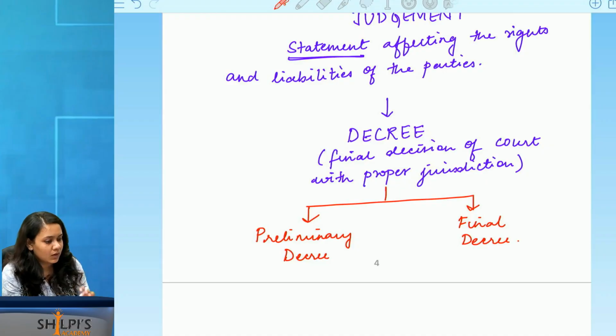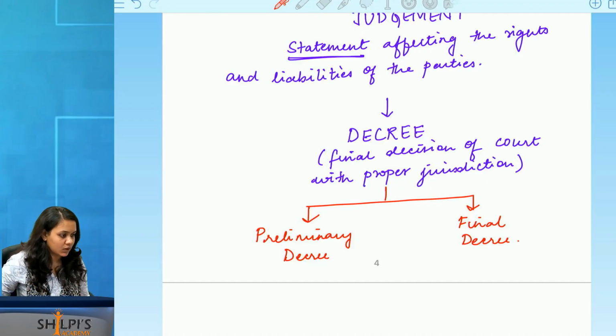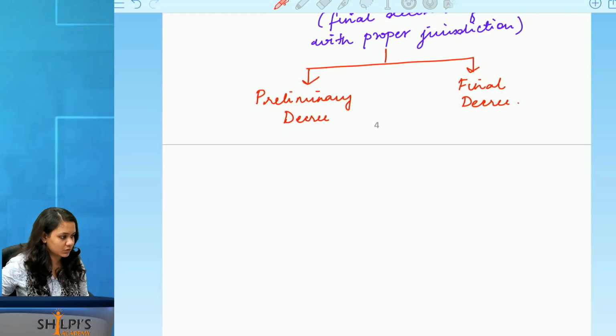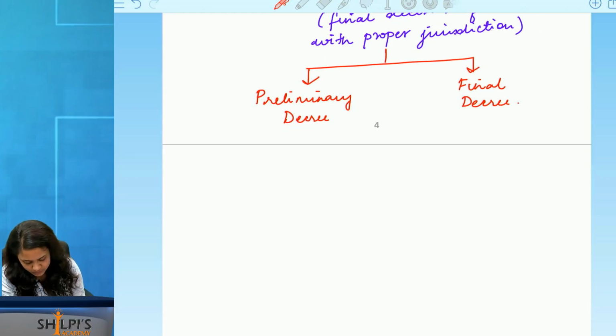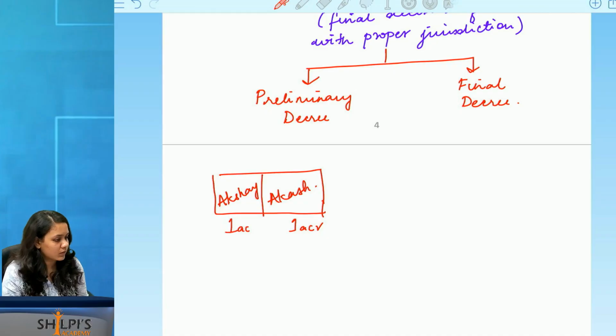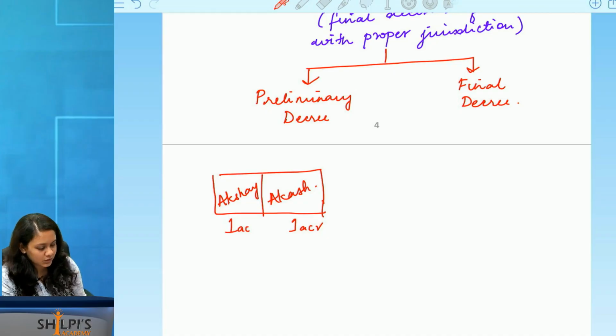Okay. Again, here I am moving into an example. We are going back to the example of Akshay and Akash. So what did we see as the example? 1 acre of land belongs to Akshay and 1 acre belongs to Akash. Correct? But what has Akash gone and done?